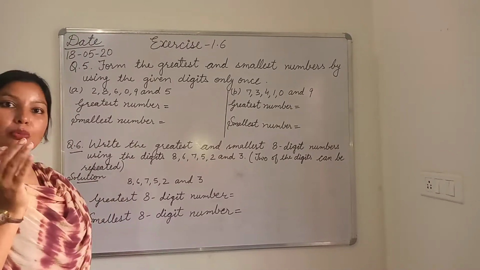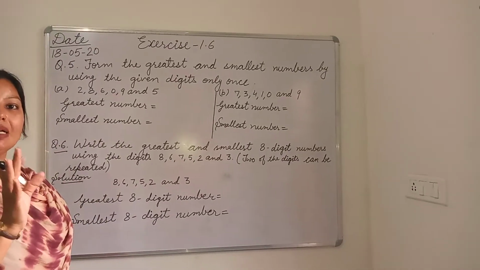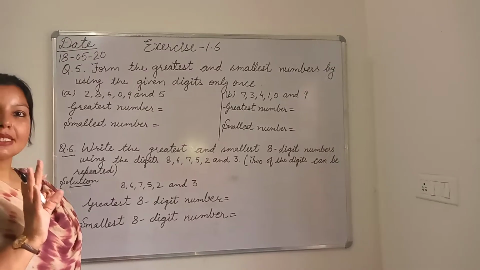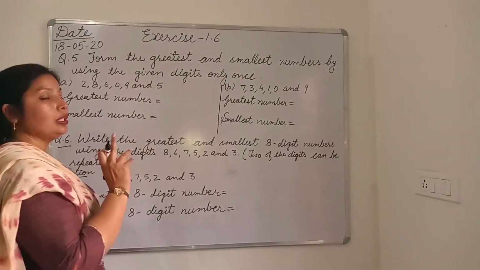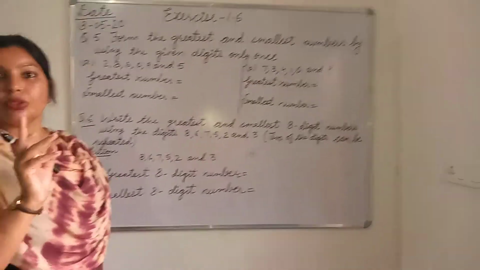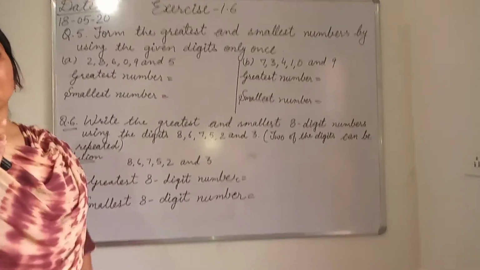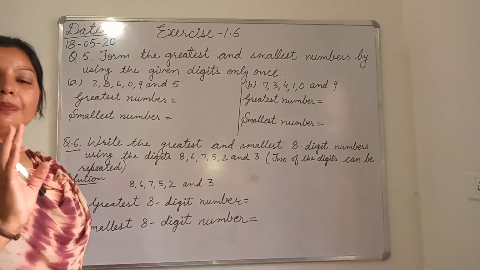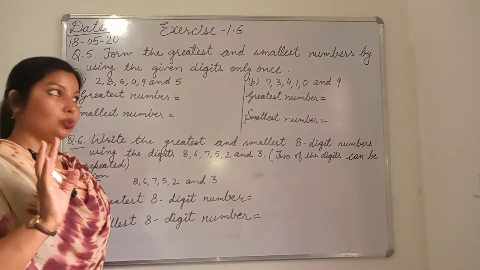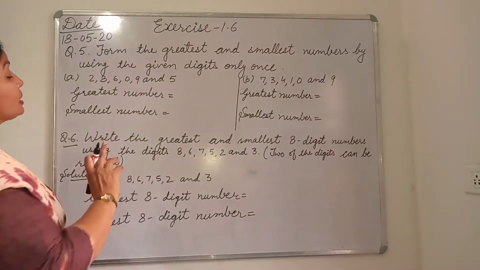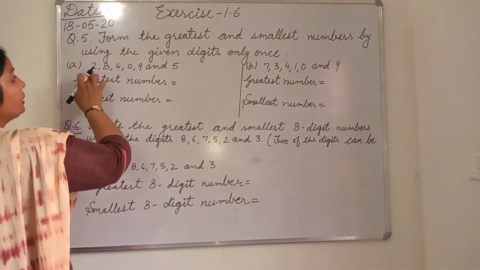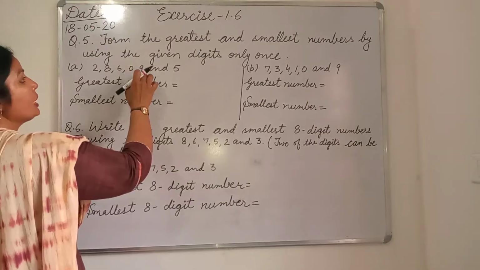So that means, how many digits are given? By them only you should make the greatest and smallest number. And you should use each digit only one time. You should not repeat them. So now you will see in part A is given 2, 8, 6, 0, 9, 5.